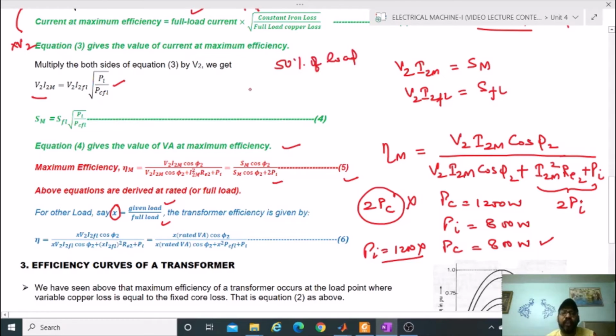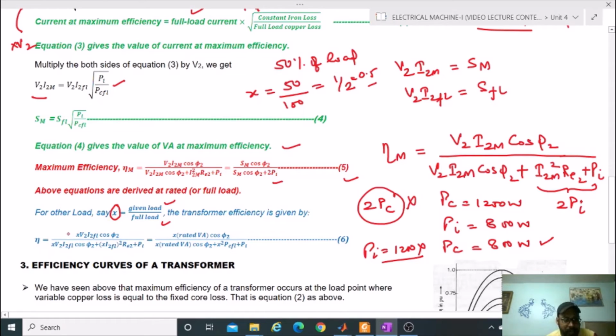So for 50% of load, X will be equal to 50% divided by 100%, meaning 1 by 2, or 0.5. So X is the factor which defines the ratio of given load upon full load. Due to this X, the formula will change.